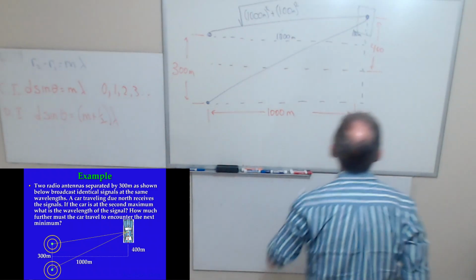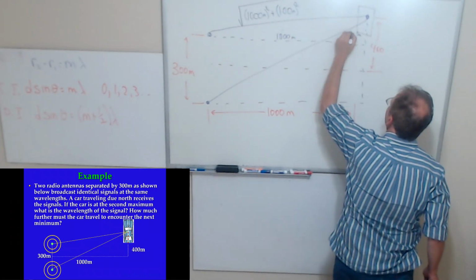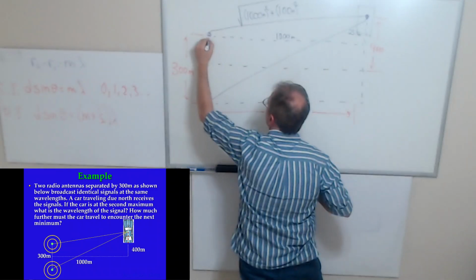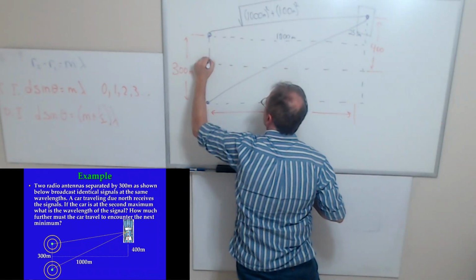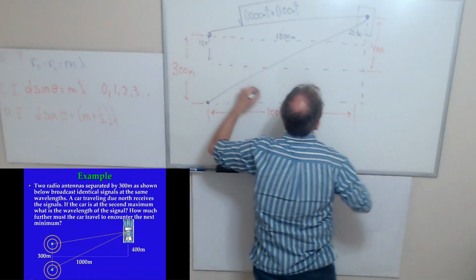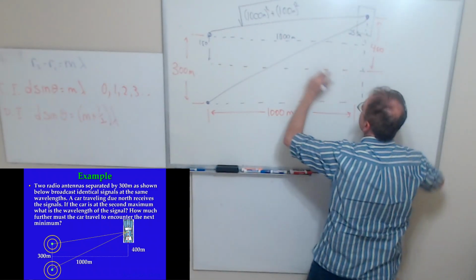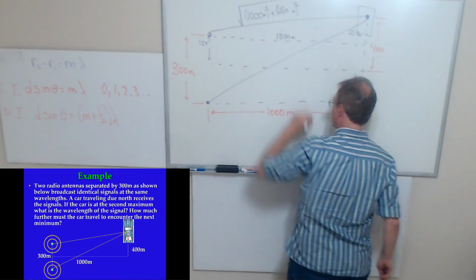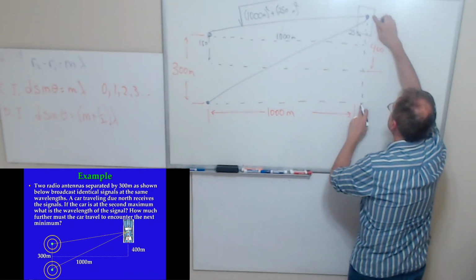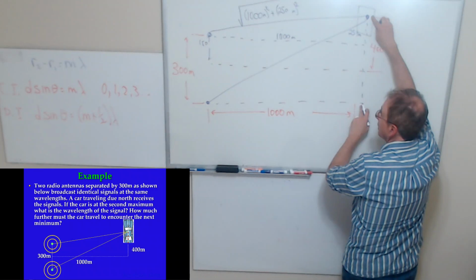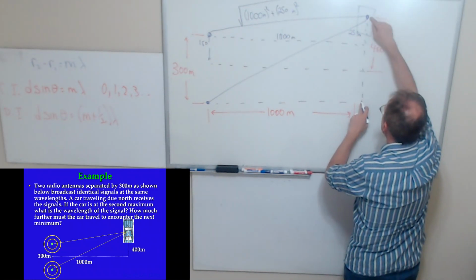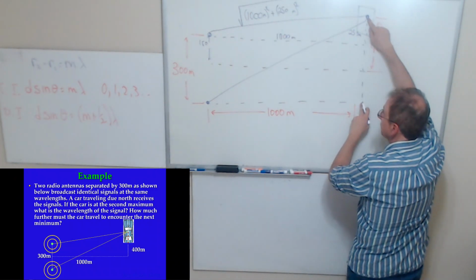That's 250, not 100, sorry. This distance is 150. So 400 minus 150 is 250, sorry. This distance is going to be 150 plus 400. So this distance is 550.